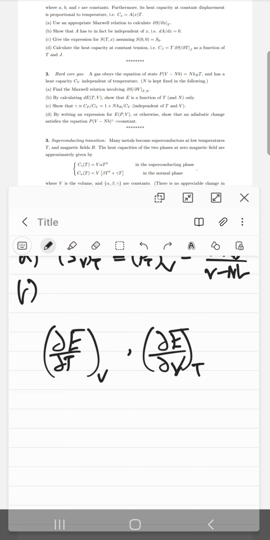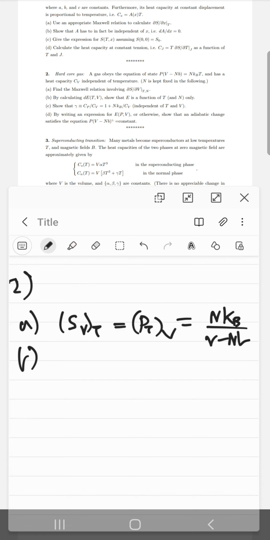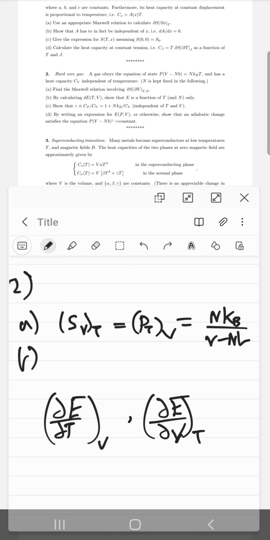So I guess another way would be to calculate the entropy first, right? Calculating the entropy is most likely better, because, wait, but just given the equation of state, we want to show that it's only a function of temperature and N only. So what should happen is that this quantity should just be 0.